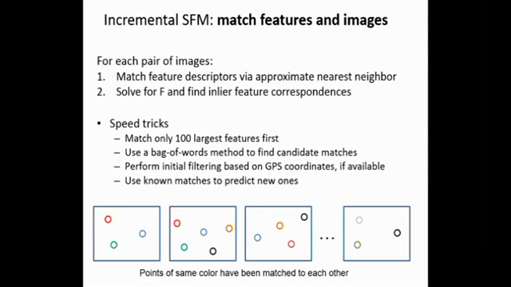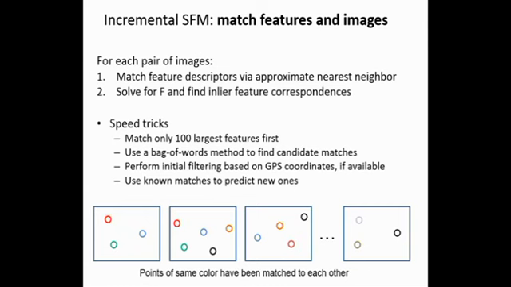Another common thing is if you have GPS coordinates, like if you took your pictures by drone or with a camera that has GPS, like a phone, then you can enforce a constraint that you're only going to match to the nearest K images based on the GPS coordinates. That makes your problem a lot less computationally heavy.